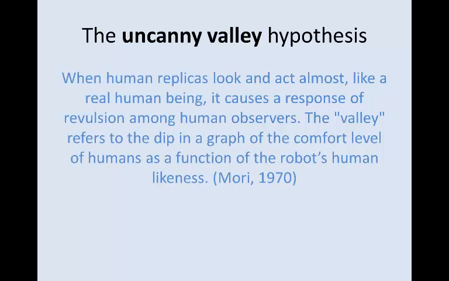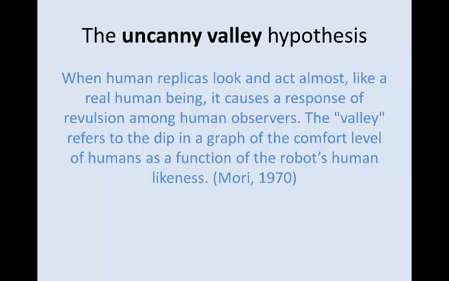So the participant from the previous slide says, even at an unconscious level, the characters can have an effect on your learning. The uncanny valley hypothesis, well known in the world of robotics, says that when a human replica looks and acts almost like a real human being, it causes a response of revulsion among human observers. The valley refers to the dip in a graph of the comfort level of humans as a function of the robot's human likeness.